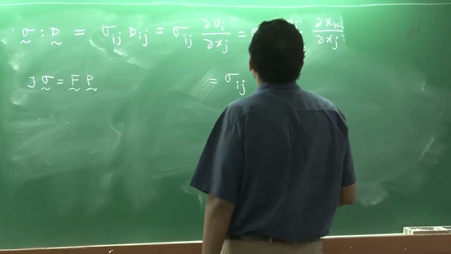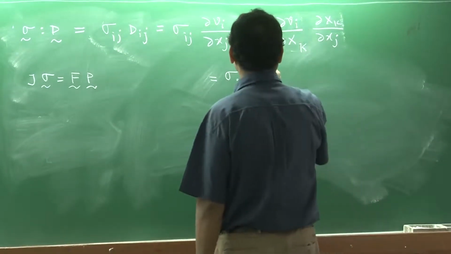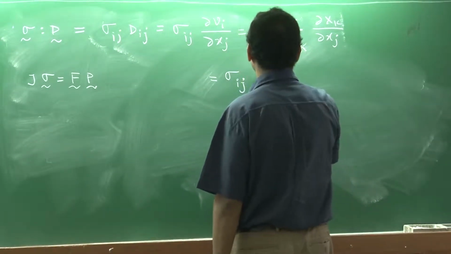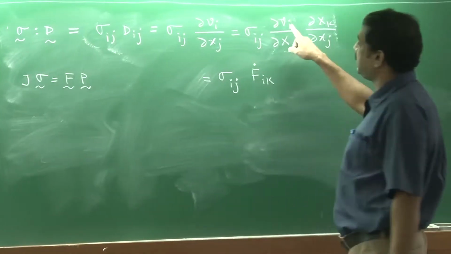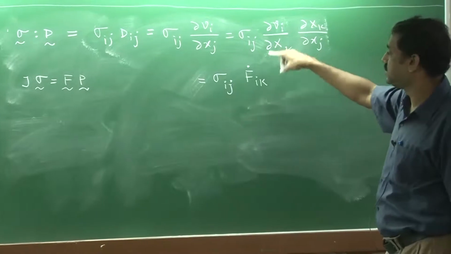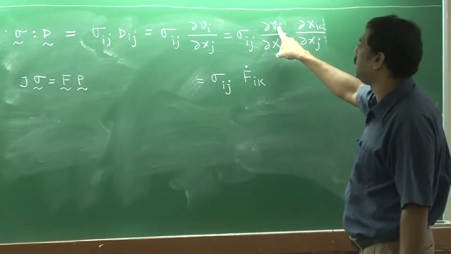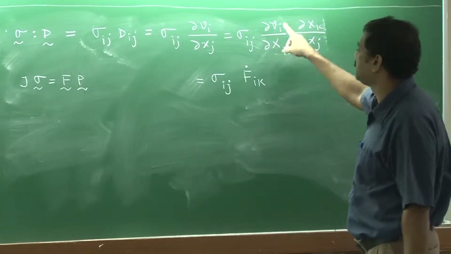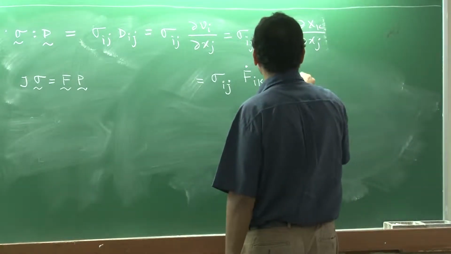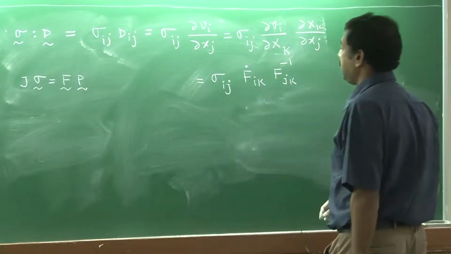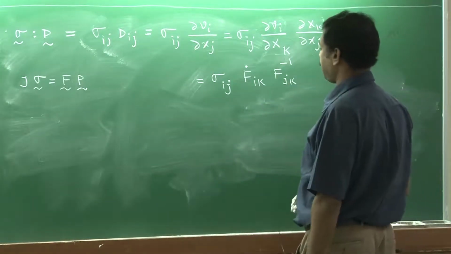Del capital X del xj is basically F ik dot, because V is with respect to the undeformed configuration. This is a two-point tensor, this is in deformed, this is undeformed, reference configuration, and this is nothing but F jk inverse. Isn't it? Right?